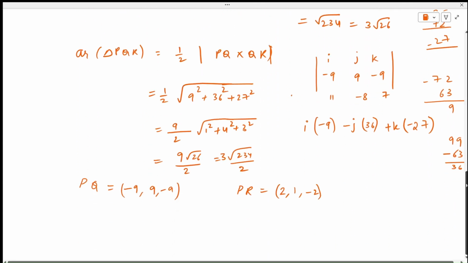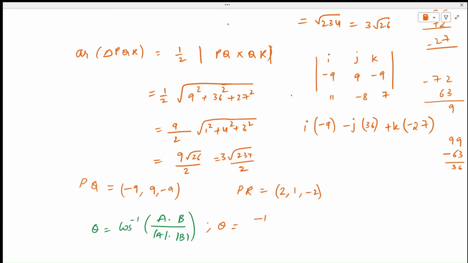Okay. Then the formula for the angle between vectors is theta equal to cos inverse of A dot B by modulus of A into modulus of B. In this case, A is PQ and B is PR. So we'll get theta equal to A dot B. So minus 9 into 2 is minus 18. 9 ones are 9 and minus 9 into minus 2 is 18.